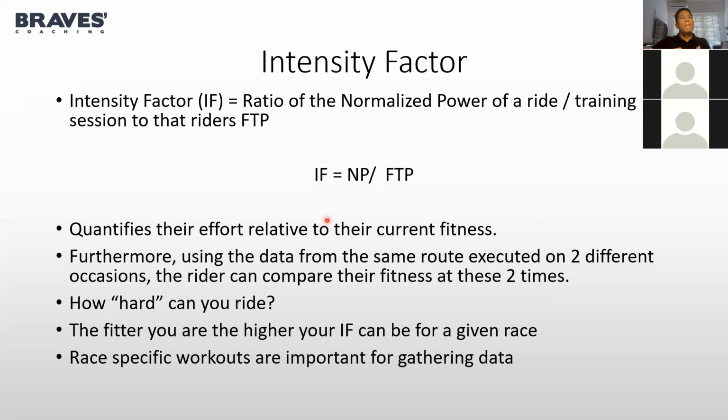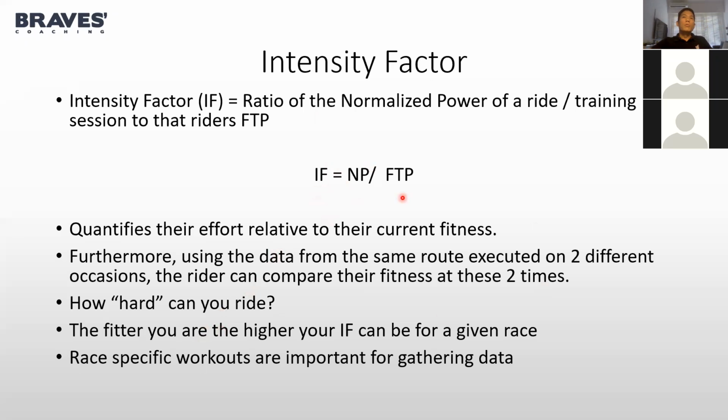So the fitter you are, the higher your IF can be for a given race. Race-specific workouts are important for gathering this kind of data because it gives you a target IF that you can ride at during a race. So it quantifies your improvement as well.